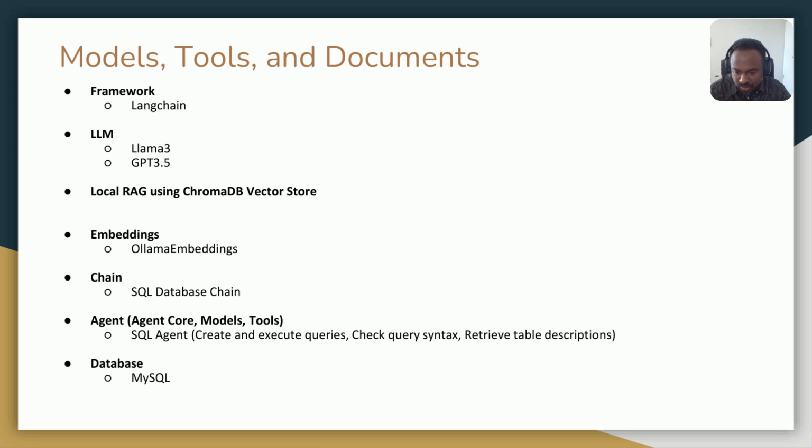For embeddings, it's Ollama embeddings. For SQL chain, it's SQL database chain. And agent, it's SQL agent. This is to create and execute queries, check query syntax, or retrieve table descriptions. So once a prompt is employed, the SQL agents take care of the background steps. The database used is MySQL.